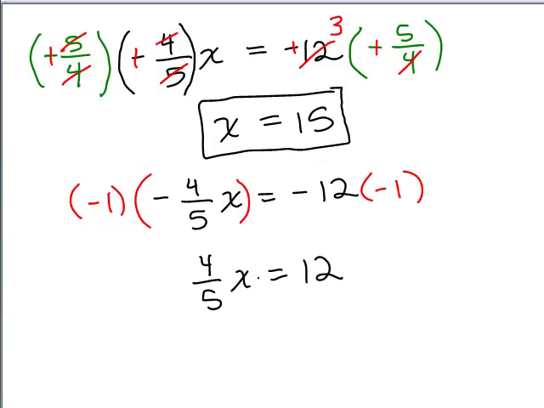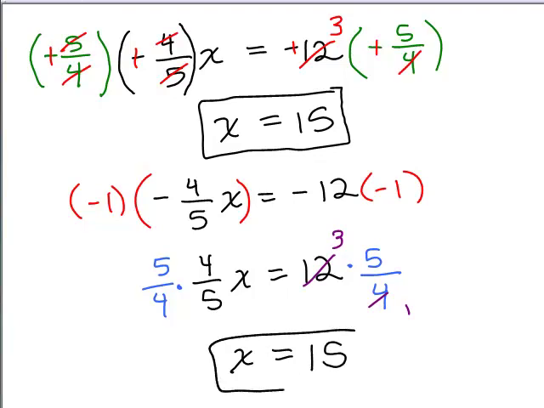Now at this point we could just do the same thing we did up there. Instead of multiplying by negative 5/4, we only have to multiply by positive 5/4. And we're going to get exactly the same answer. x equals, well, when we cancel, we're still going to get 15, positive 15.